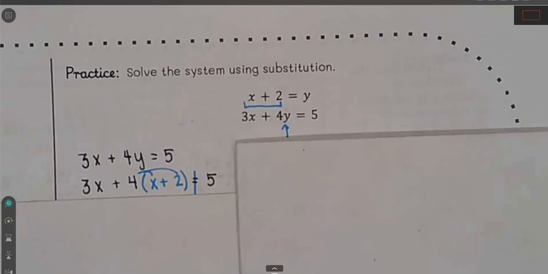The denominator is correct. It's just the numerator. Oh, notice you have to subtract 8. I think you added 5 plus 8.